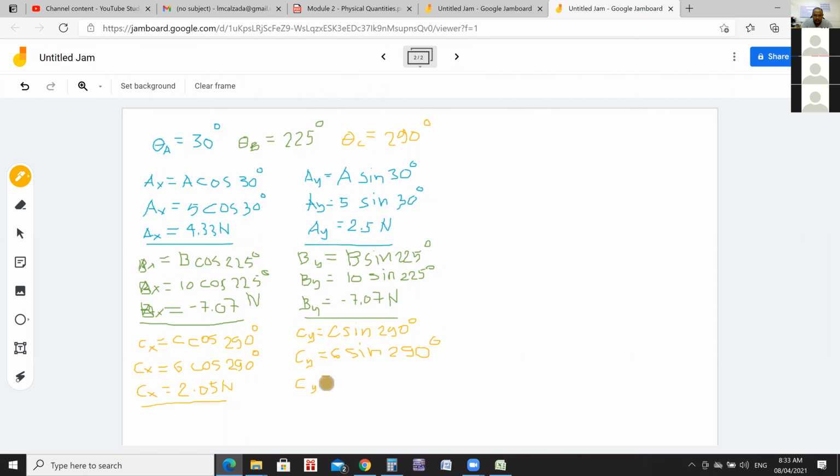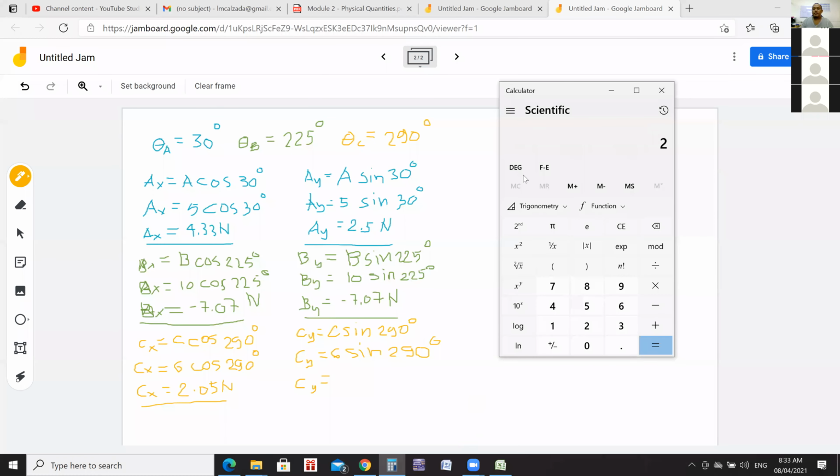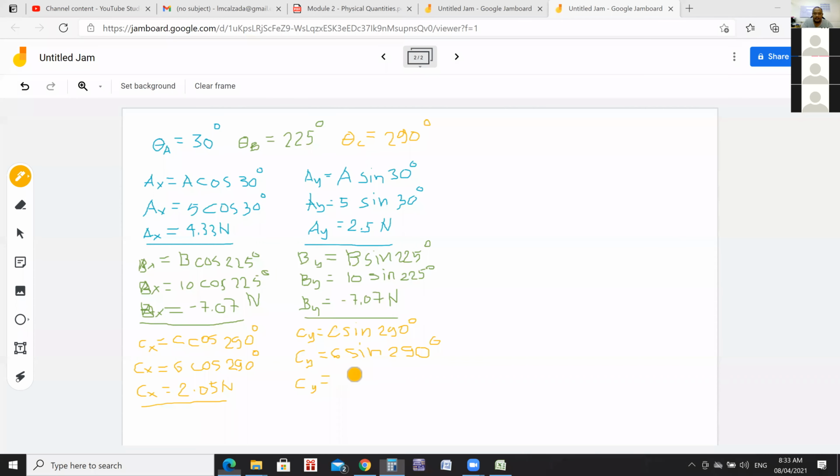Cy is negative. Let us try. Calculate 290 sine times 6. Answer is negative 5.64. Wow. Okay? So now we have the components of your three vectors.